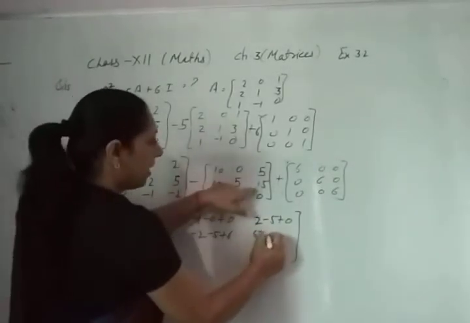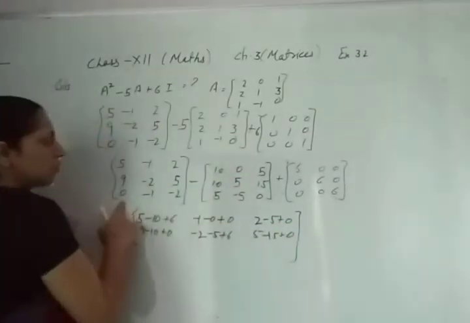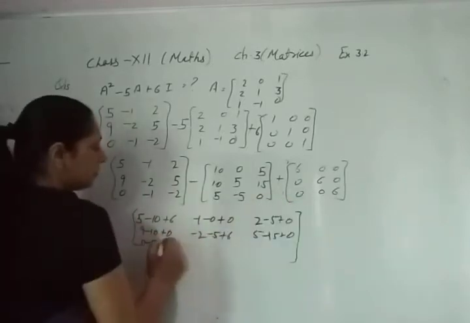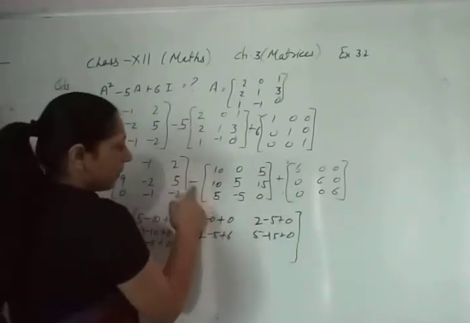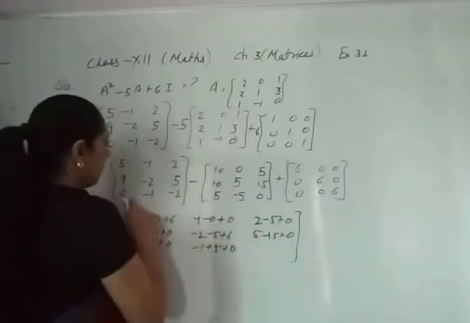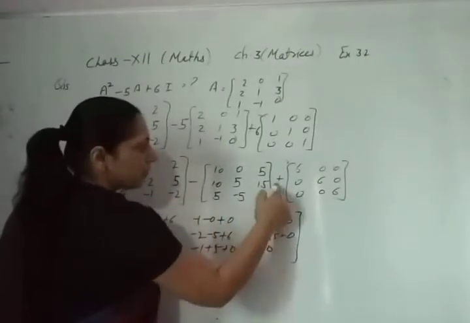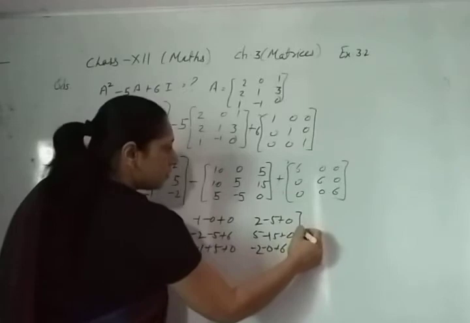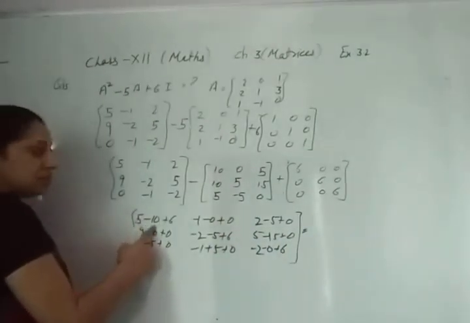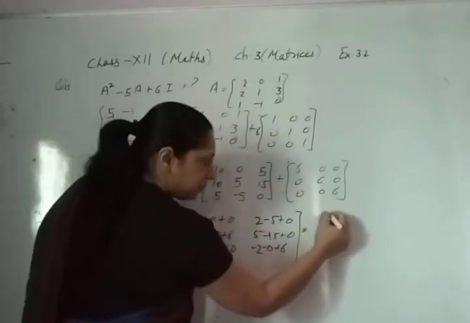Now 5 minus 15 plus 0. Now last one is 0 minus 5, 0. Minus 1 minus minus plus 5 plus 0. Now last one is minus 2 minus 0 plus 6. So our answer is 10, 5 minus 10 minus 5 plus 6, that is equal to 1.